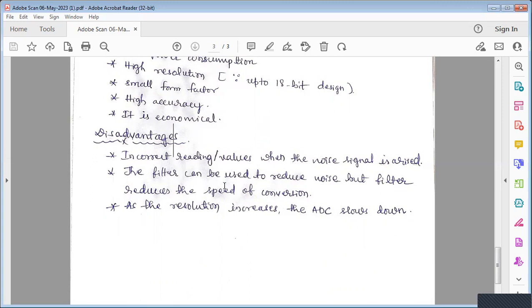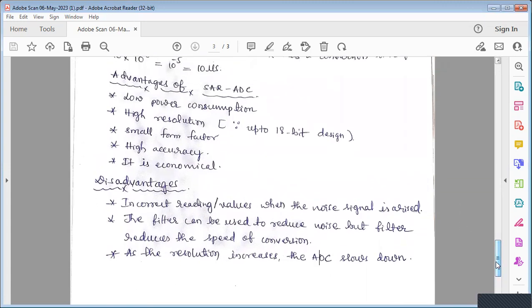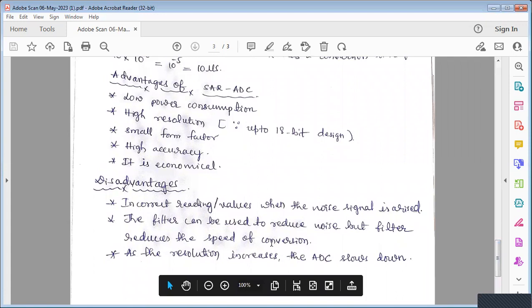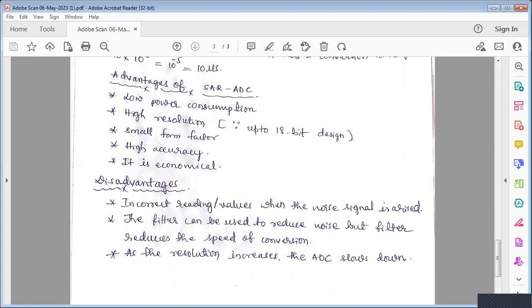The filter circuit reduces the speed of conversion. So that is another problem. So you have to compromise here with the speed of conversion. If you want to reduce the noise, you have to use the filter circuit. But once you use the filter circuit, the speed reduces. So according to your need, we have to decide.